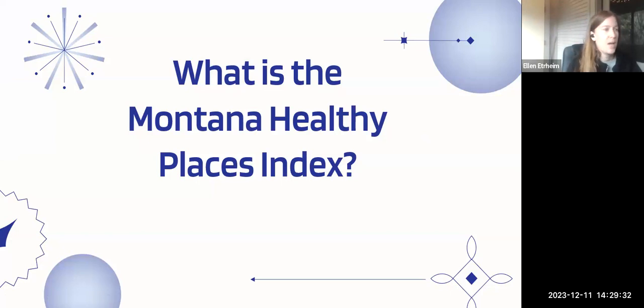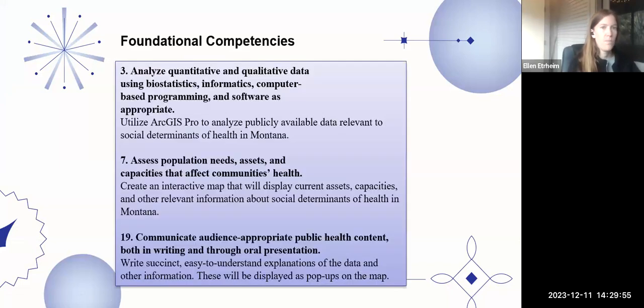It is loosely based on the California Healthy Places Index, which was a project by the Public Health Alliance of Southern California. And so, yes, like I said, it is loosely based on that project and hoping to get similar information on Montana.